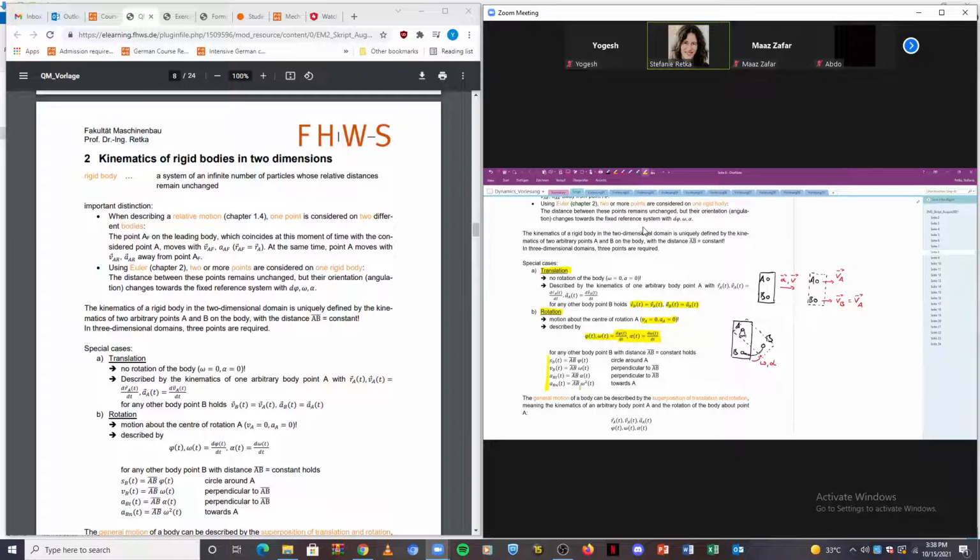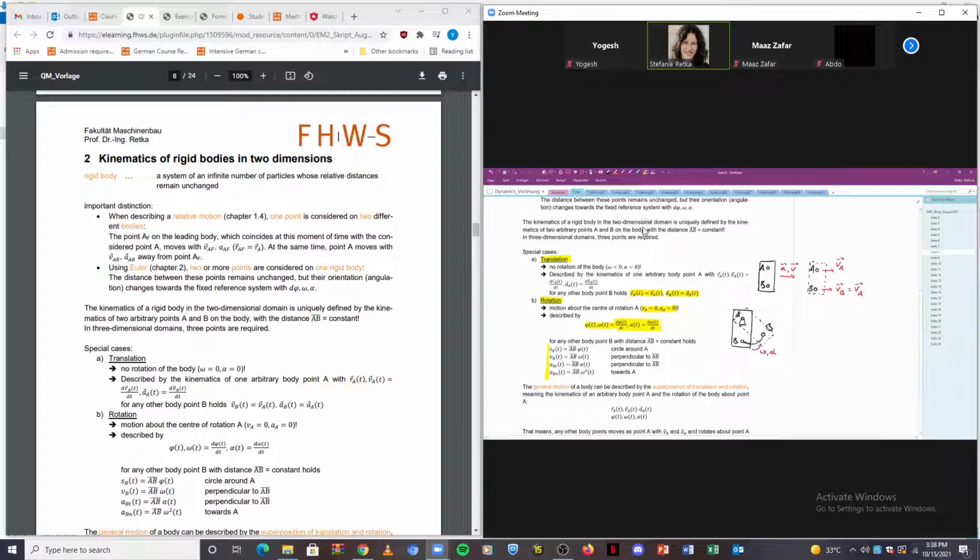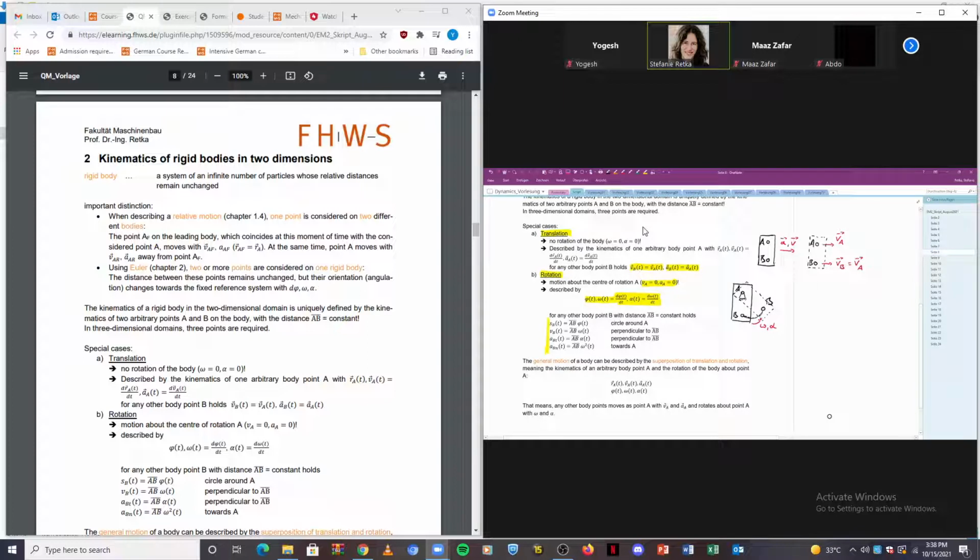Okay. Then, if we want to describe a general motion of an object, we do have to do a superposition of these 2 types of motion, translation and rotation.